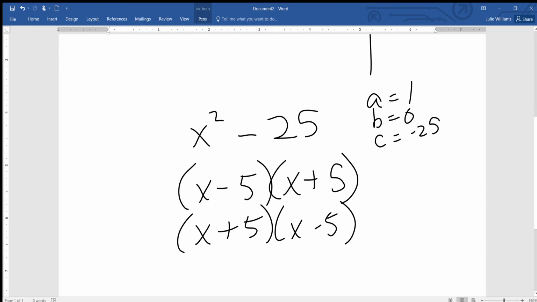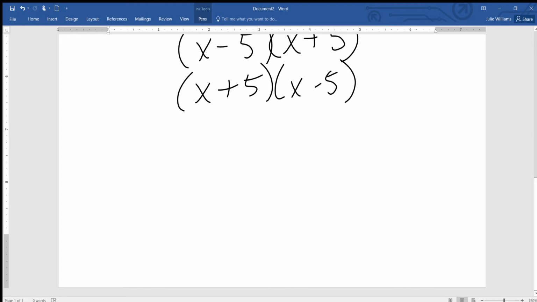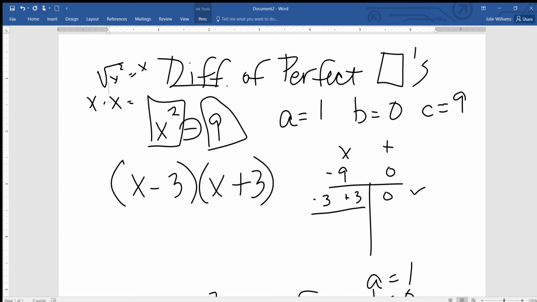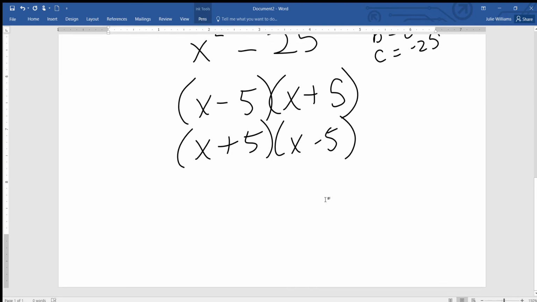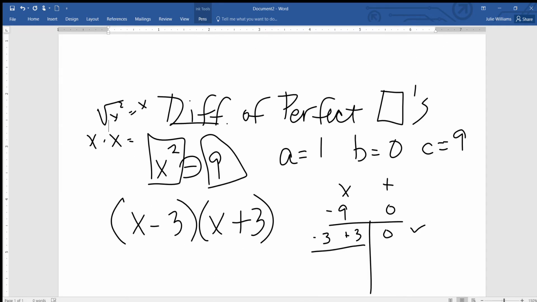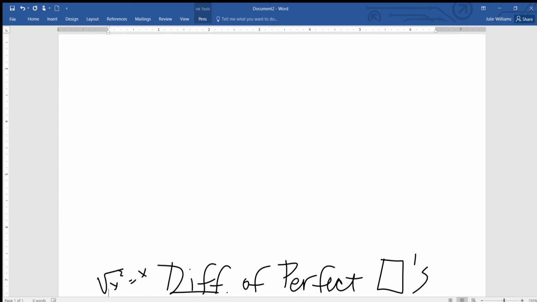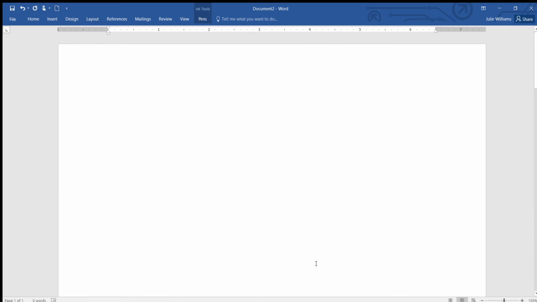Now I'm going to show you one that's a bit more difficult. What if I had x to the 4th minus 1? Now this is not a quadratic, but is it a difference of perfect squares?